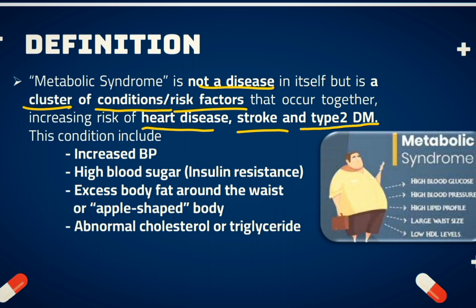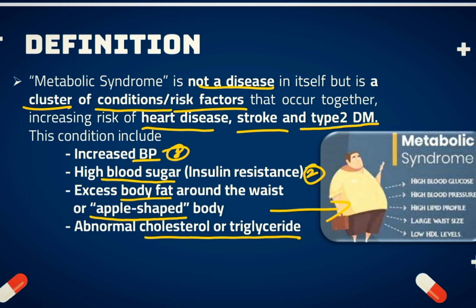And these conditions or risk factors are increased BP, high blood sugar that may be due to insulin resistance, excess body fat around the waist, and such kind of body is known as apple-shaped body, as we can see in this picture, and abnormal cholesterol or triglyceride level. So these are the conditions or risk factors.